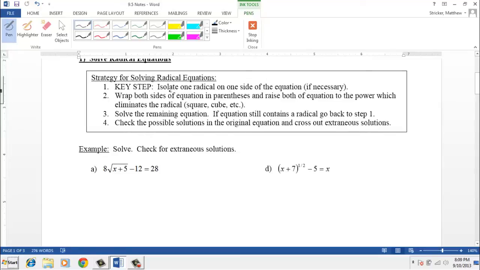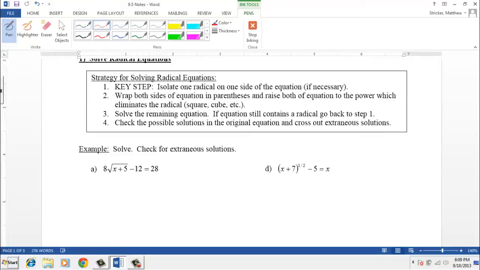I say one radical because sometimes we have more than one radical, but the key step here is to isolate. If you don't isolate first, you're going to get into all kinds of trouble. And this should sound familiar because we did this before when we solved absolute value equations and inequalities, so we should be used to isolating.